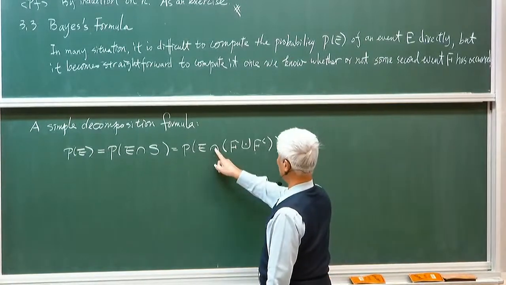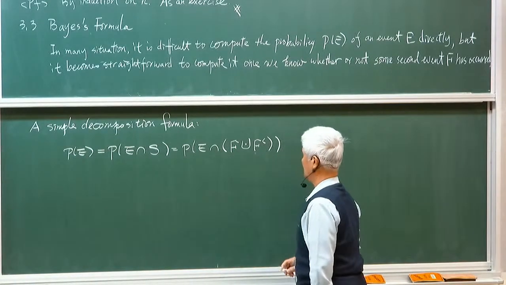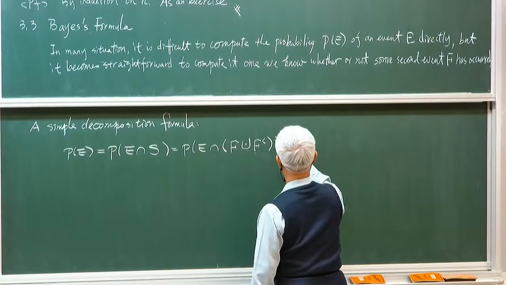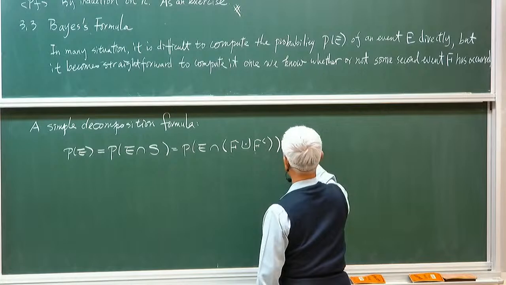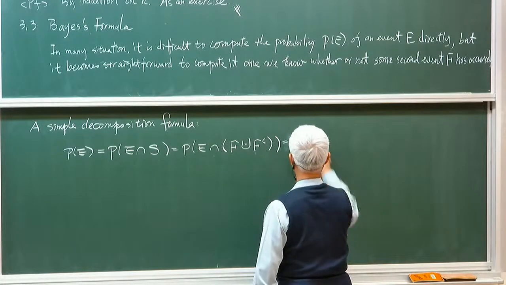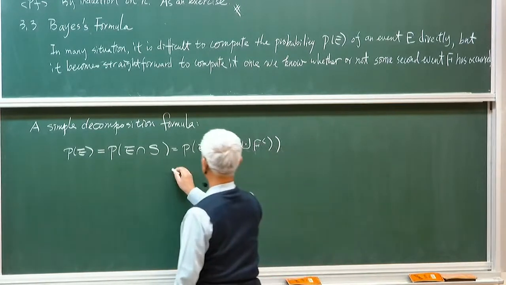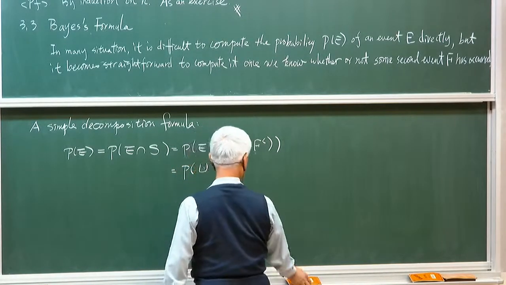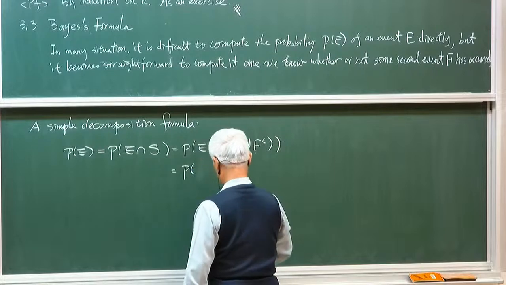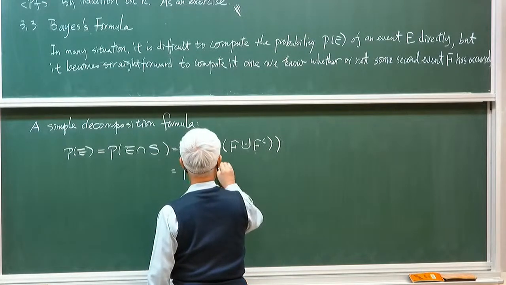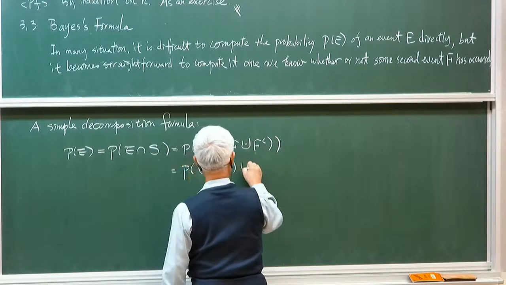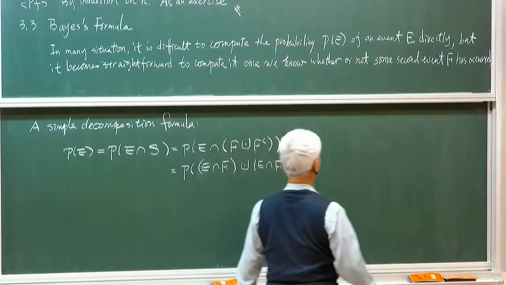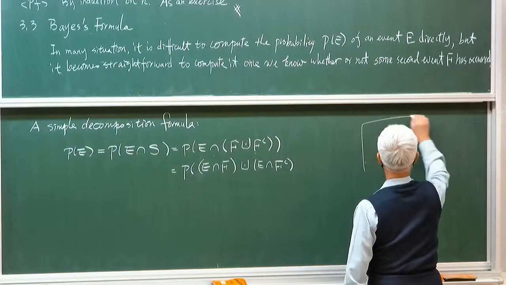And we know the intersection distributes over the union. So this is the disjoint union: E intersect F, disjoint union E intersect F complement.